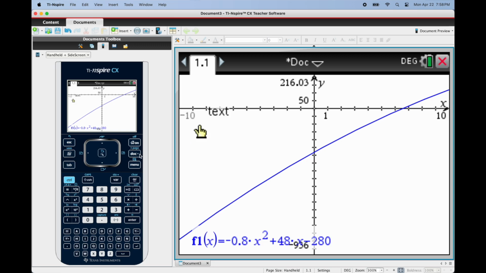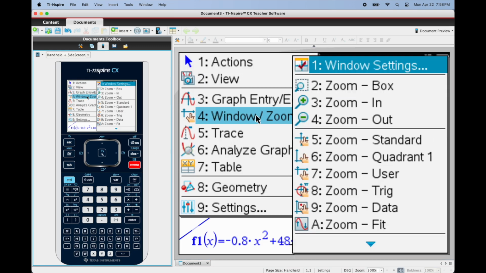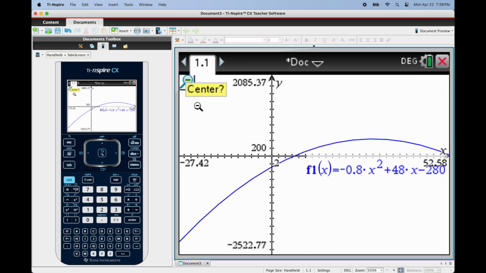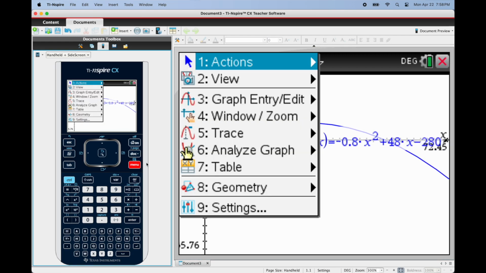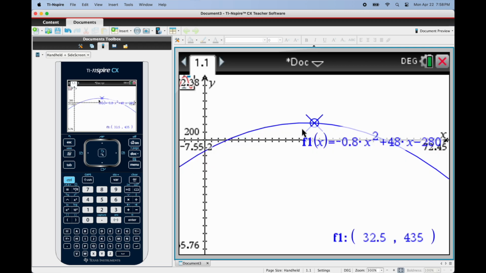Okay, not great. Let's zoom a little more. Okay, that's workable. Let's use graph trace and find the value when x is equal to 30. When x is equal to 30, we have a profit of 440.